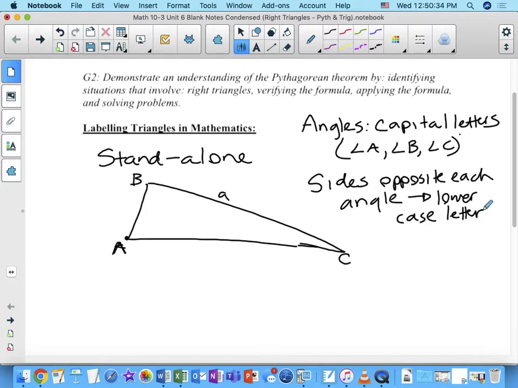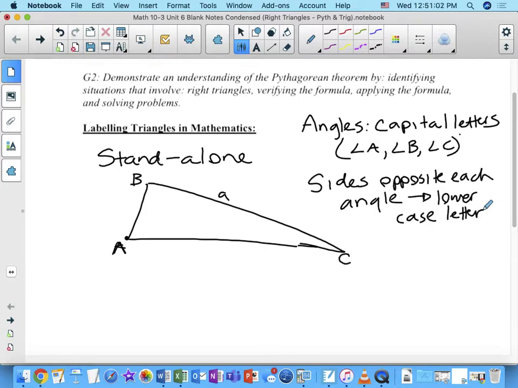What would you call this side at the bottom? Yeah. Okay, so you're getting into almost a Pythagorean theorem thing with a leg, because it's at the bottom. We'll get to that later, but just based on this rule, the side opposite each angle uses the lowercase letter.